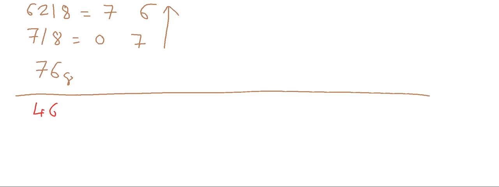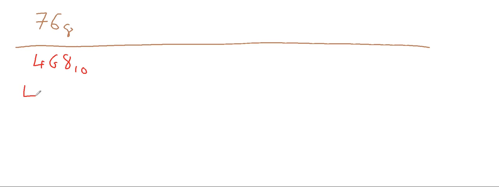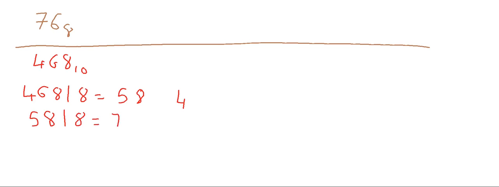Let's take one more example, which is 468 base 10. So 468 divided by 8. 8 times 5 is 40, remainder is 6. 8 times 8 is 64, remainder is 4. 58 divided by 8. 8 times 7 is 56, remainder is 2. 7 divided by 8. 8 times 0 is 0, remainder is 7.